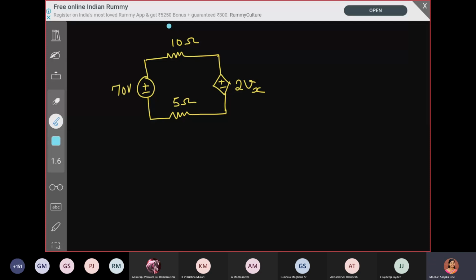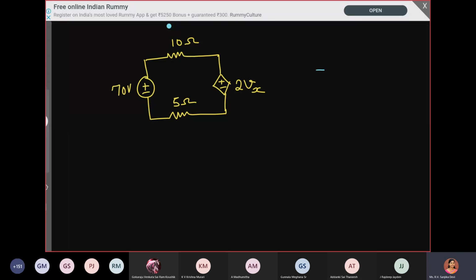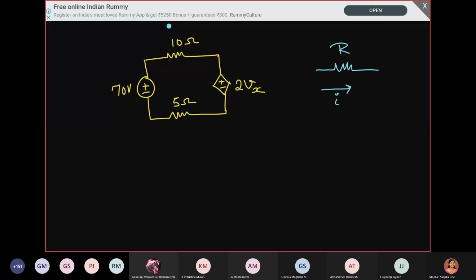Okay. And as I told you, the convention we have to follow is, say for example, if there is any resistor R, and a current is flowing through that particular resistor R, since resistance is a passive element, there will always be a voltage drop across it.